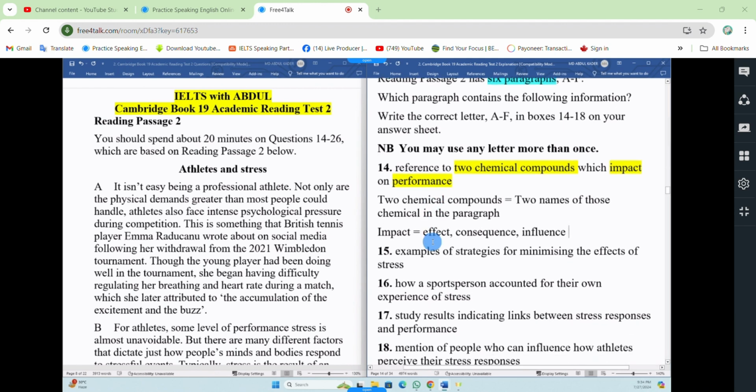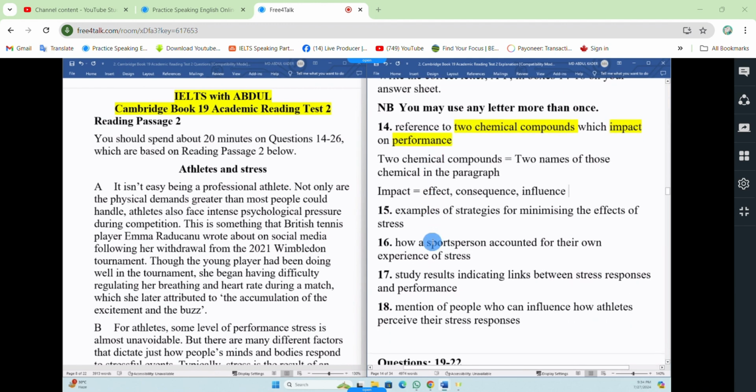Now I would like to move on to our next question, question number 15. Here we can see examples of strategies for minimizing the effects of stress. So our basic keyword is strategy.